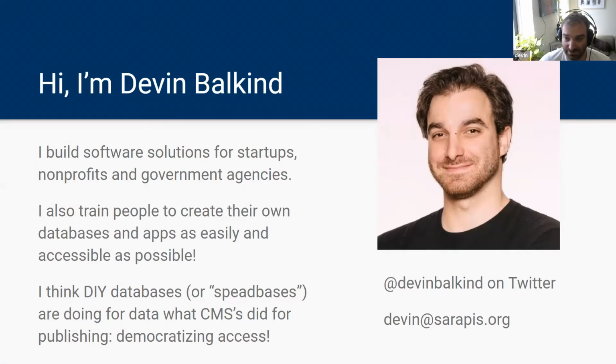I also train people how to make the software development process legible and easy to do in collaboration with your team. And I think these DIY database tools, also known as Spreadbases, things like Airtable, are an exceptionally useful tool for this process.